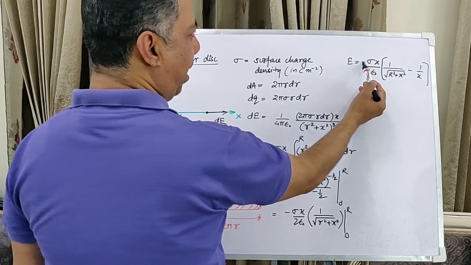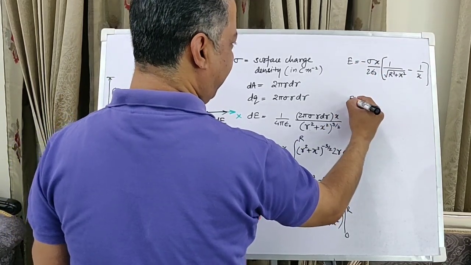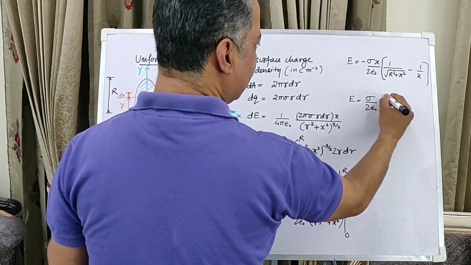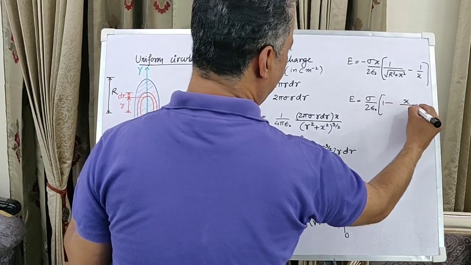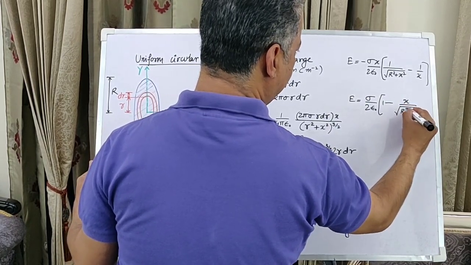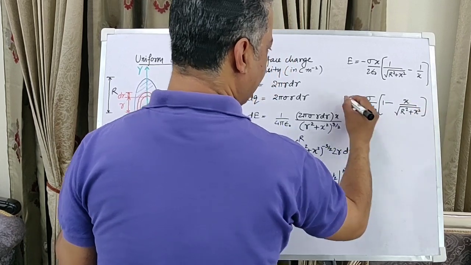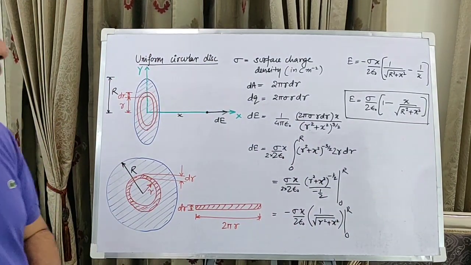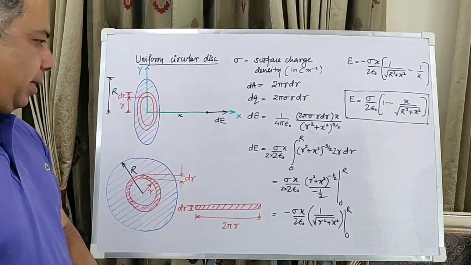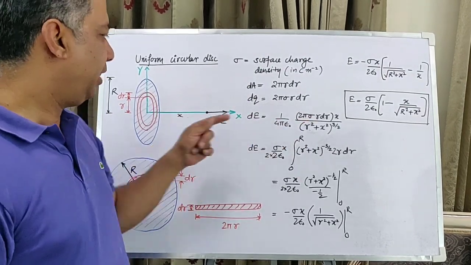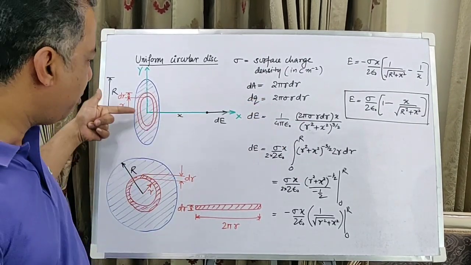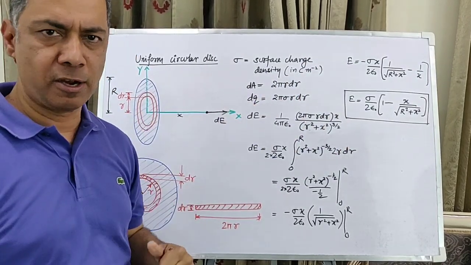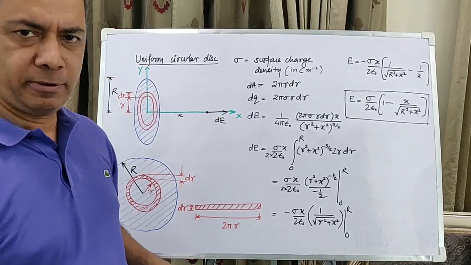Now what we do is we take minus x inside the bracket and we have a field sigma by 2 epsilon naught into 1 minus x by root of r square plus x square, and that's your field for a circular disk. So the field will be directed along the axis, away from the center if the charge is positive, and towards the center if the charge is negative. That's the field due to a circular disk.